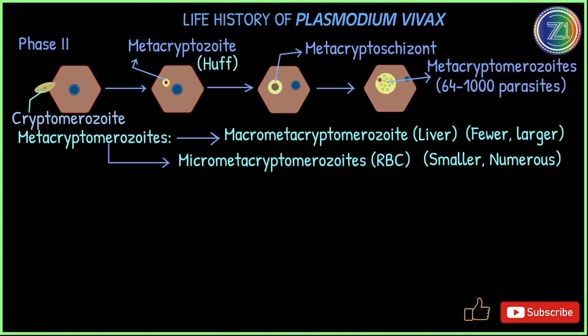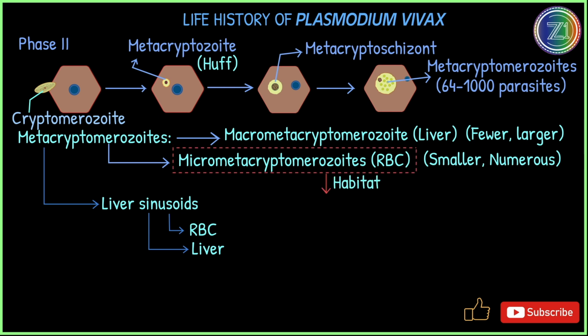Both macro and micro metacryptomerozoites are again released into the liver sinusoids, as previously discussed. From the liver sinusoids, they either enter the liver or the RBCs. The habitat of micro-metacryptomerozoites is RBCs, whereas the habitat of macro-metacryptomerozoites is the liver.